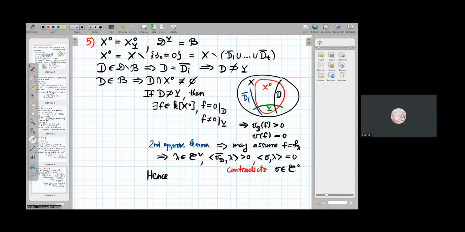Hence, we have proved that, in fact, any divisor from B, any color from B, contains Y. And therefore, of course, the set of colors containing Y is exactly the set B. Because all colors from B contain Y, as we proved, and all other colors do not contain Y.